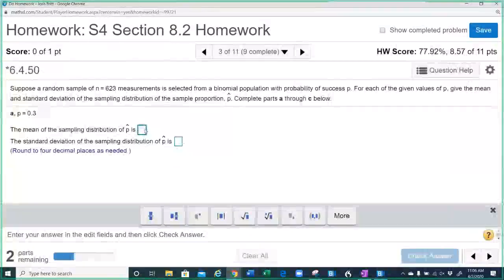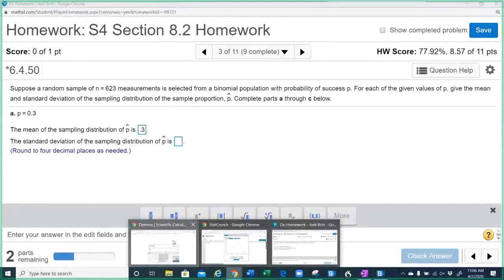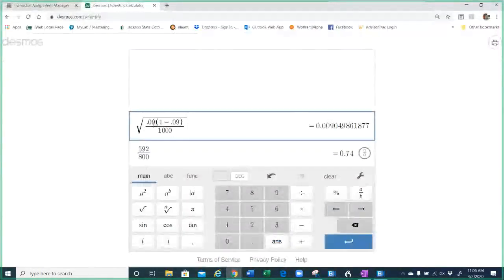Sampling distribution, mean is 0.3, always proportion. Standard deviation, 623 sample size. So 0.3, 623, and we get 0.184.